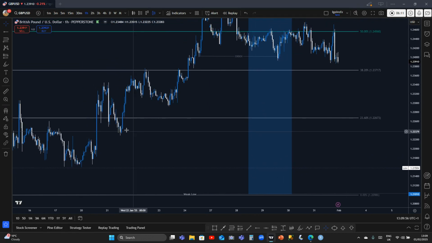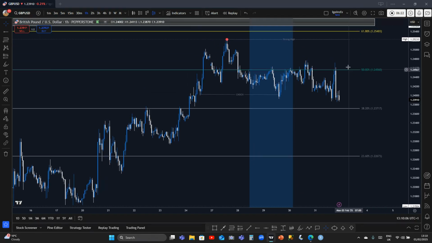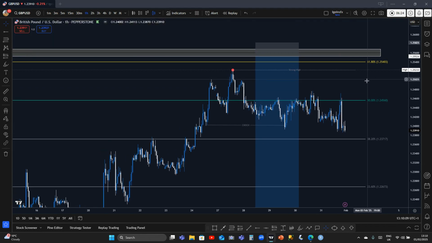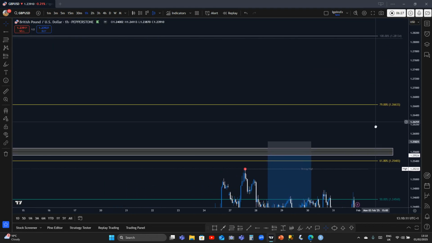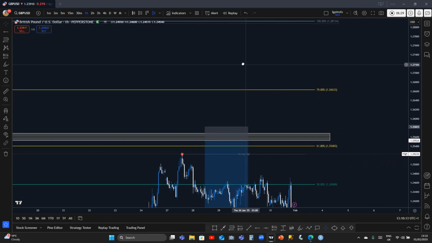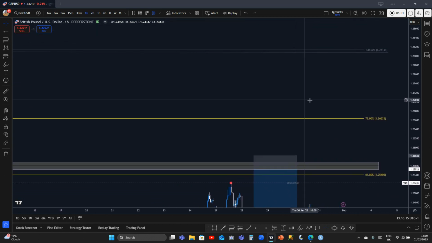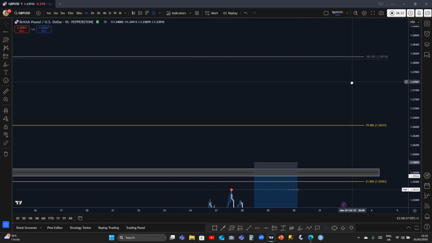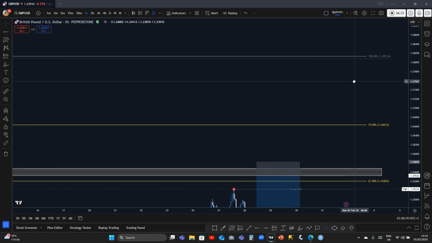If you find support or resistance there in any level, maybe 23.60, 38.20, 50%, 61%, 79%, at sometimes it can even get up to that 100%. The only thing is that it will not break above it. It will not break and close above it.